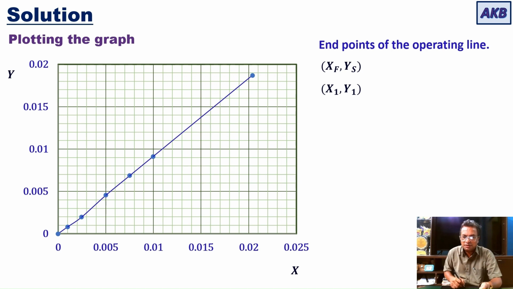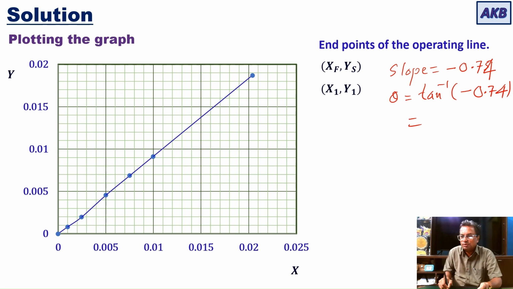So endpoints of the operating line are XF, YS and X1, Y1, and the slope we just found out is minus 0.74. So the angle made by the line with the horizontal would be tan inverse of minus 0.74, and that comes out to be minus 36.4 degree.